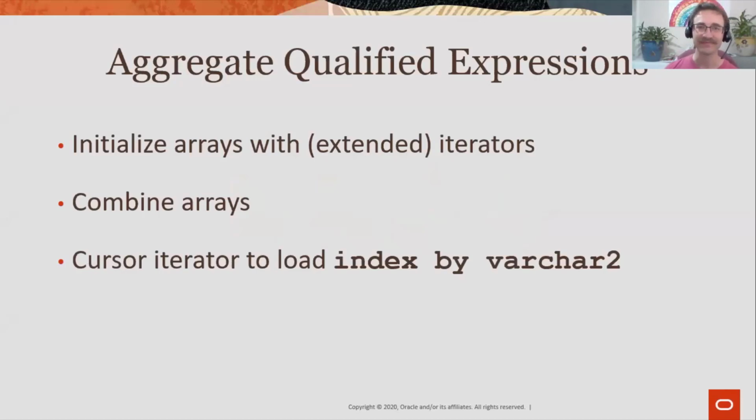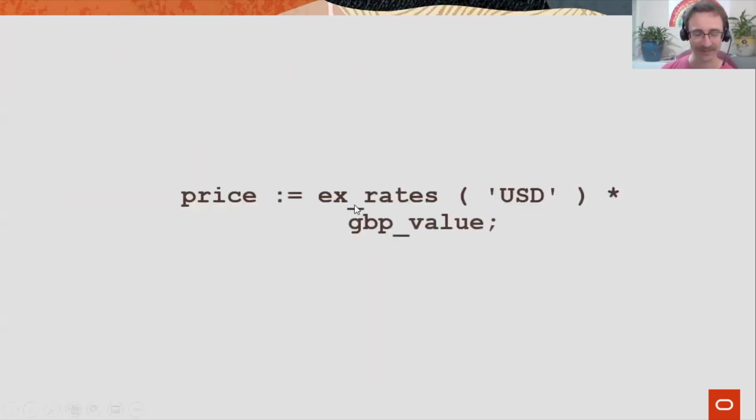And we can also now use a cursor to load data into an index by varchar2 table, making things a lot easier. So a lot of this is simplification, a lot of power. There's lots of stuff I'm sure most of you will never use, but the core part, the cool part, I think will become day-to-day stuff for a lot of us very soon. So let's keep trucking on.